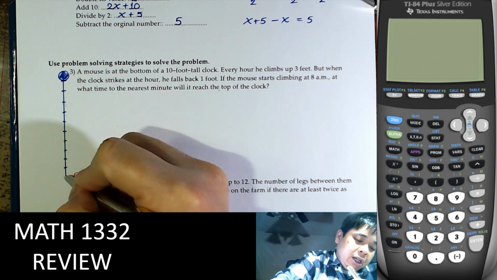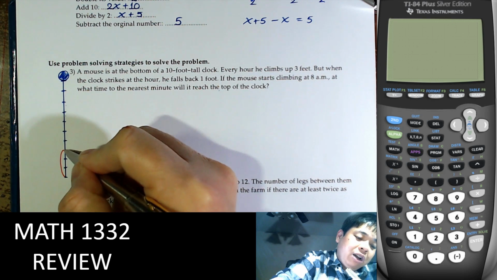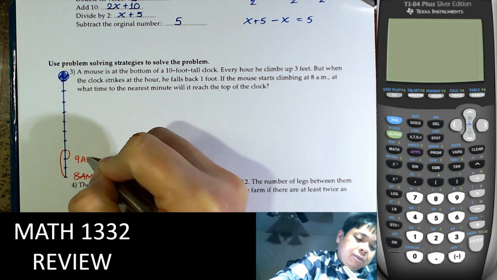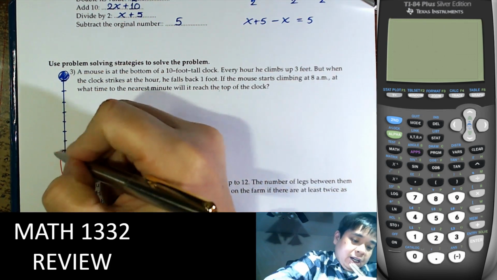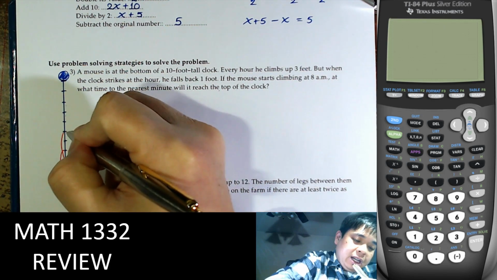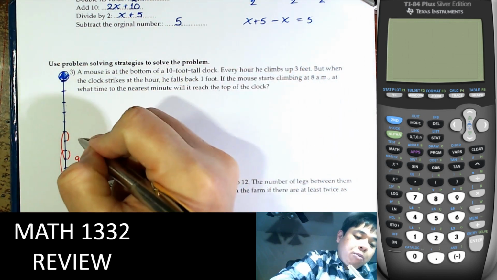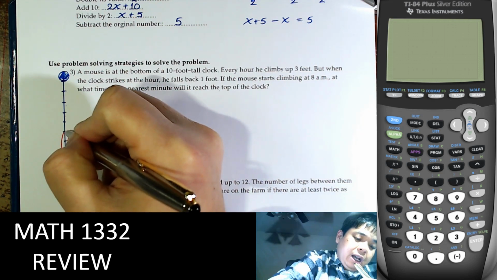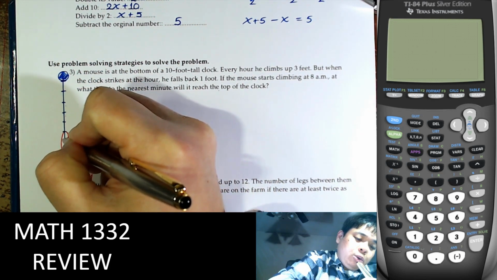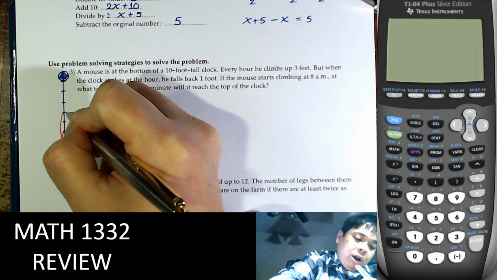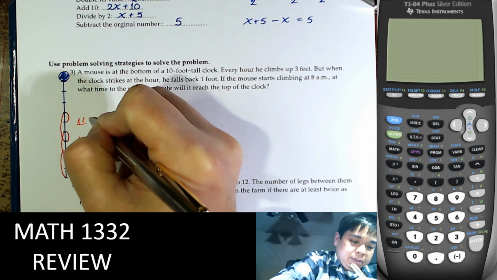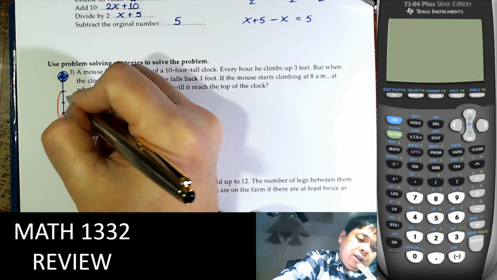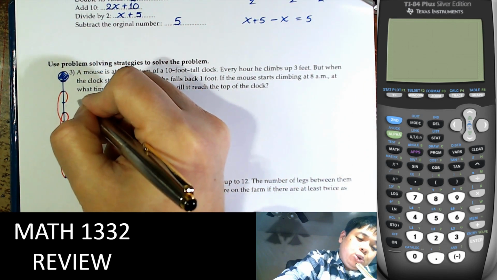If we go here, and then when it hits 9 o'clock, it goes back. So this is 9 a.m. Then it climbs 3 feet, and then the clock strikes, it drops back, so at 10 a.m. it will be at this point. Then go 3 up and 1 down. That's 11 a.m. Then go 3 up and 1 down. So that is noon.